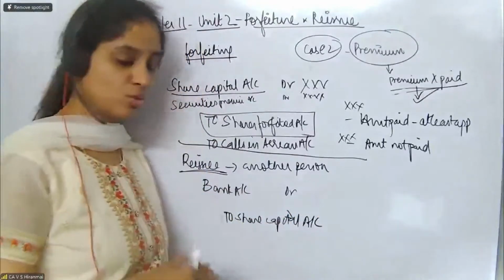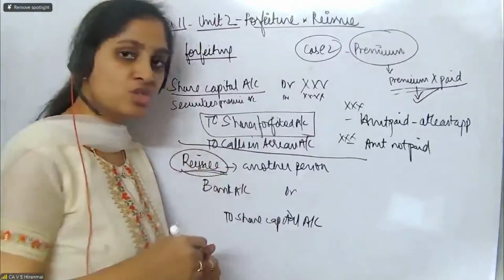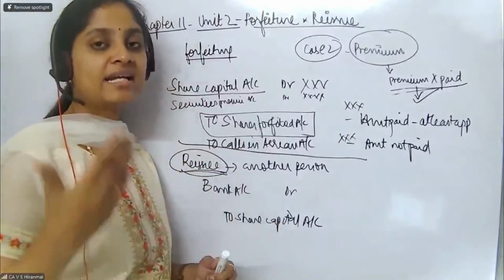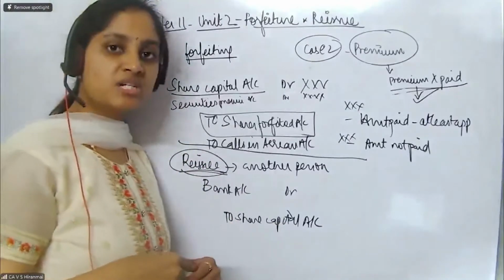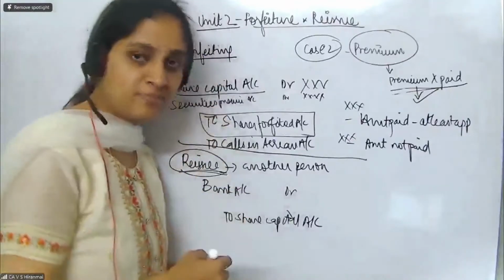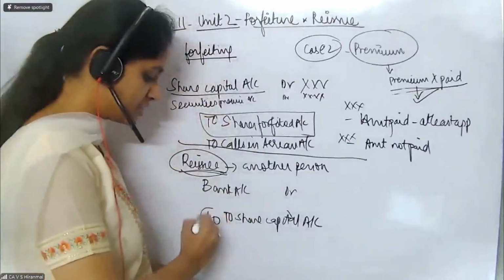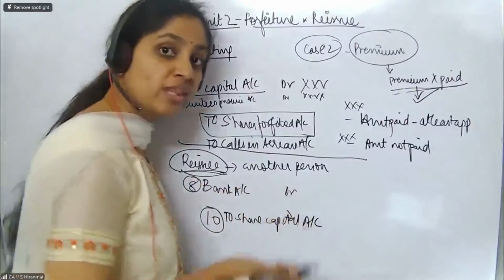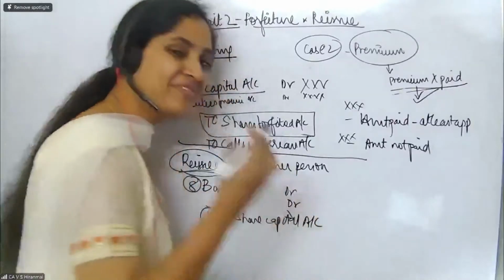But here, my dear students, since the shares are issued again, they will be classified as second hand shares. Second hand shares means lesser value. So there might be a loss. So when the 10 rupees worth share is issued at 8 rupees, there is a loss of 2 rupees. So that loss will be taken from where?